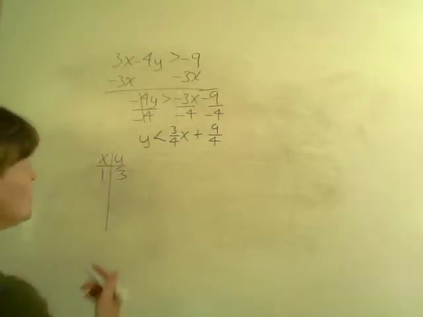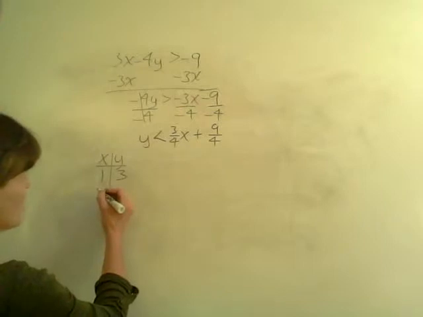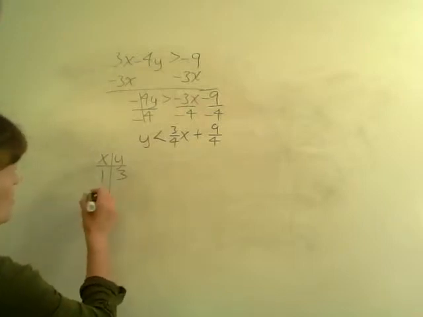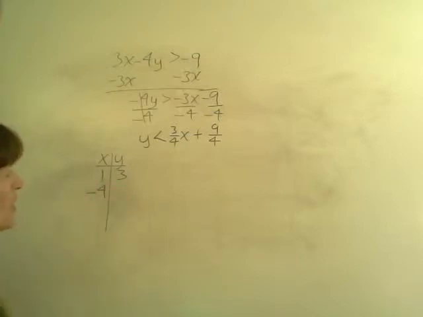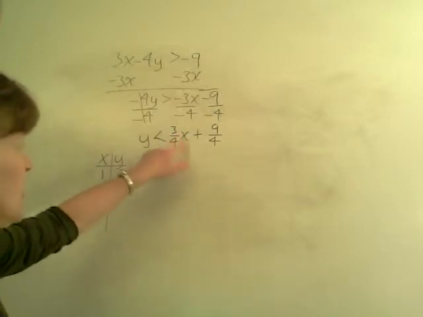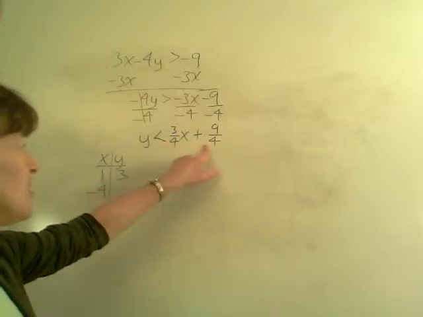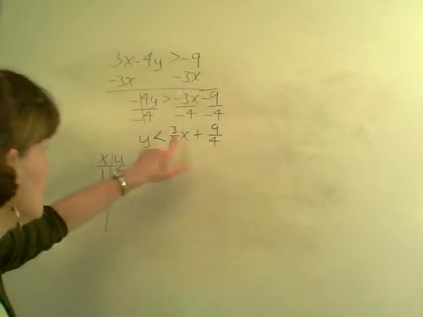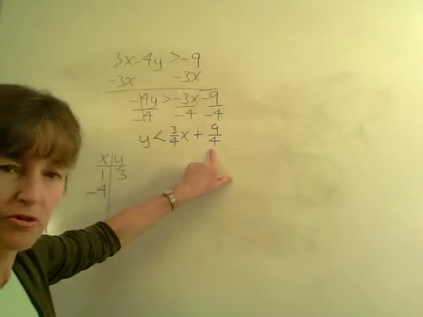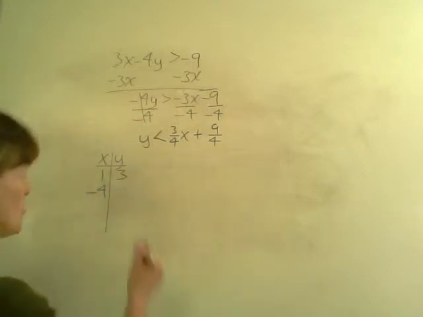All right, so what if we pick negative 4? Well, those cancel and I get negative 3, but then I've got plus this 9/4. 9/4 is really 2 1/4. So negative 3 plus 2 1/4 is really negative 3/4.